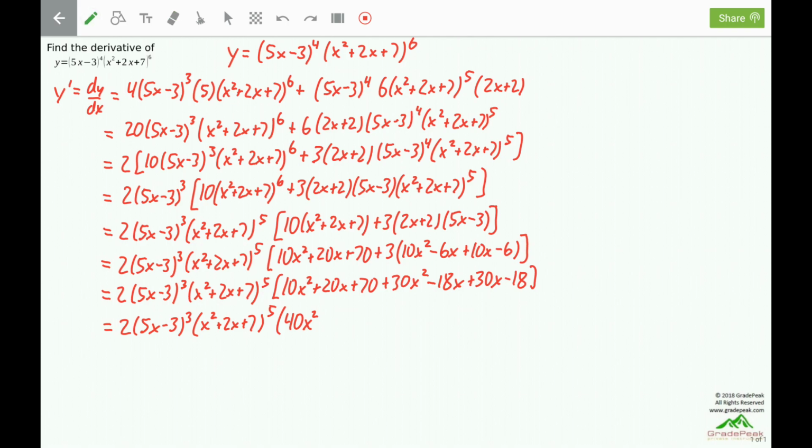X terms, I have a 20, a negative 18, which these will combine, a 20 and the negative 18 to be a 2, and then we have it plus the 30 here, so that'll give us a 32x. And then we have the 70, and we have the minus 18, and that'll give us a 52.